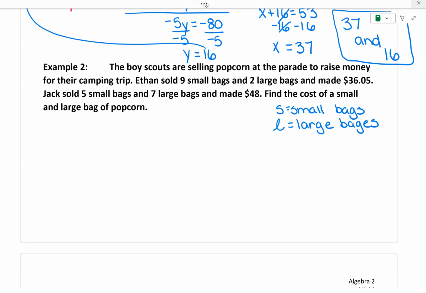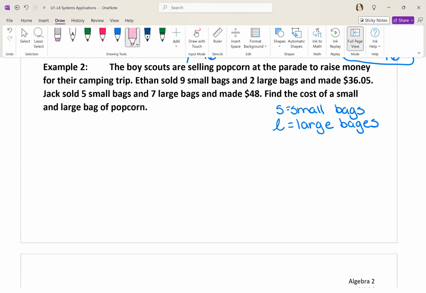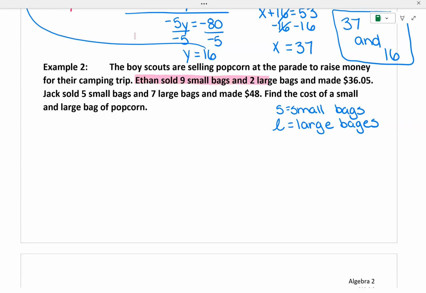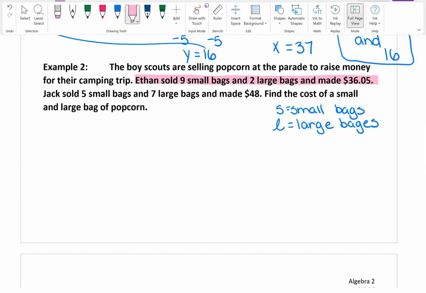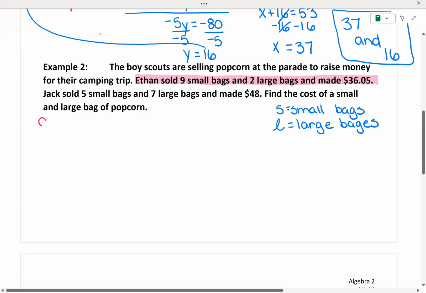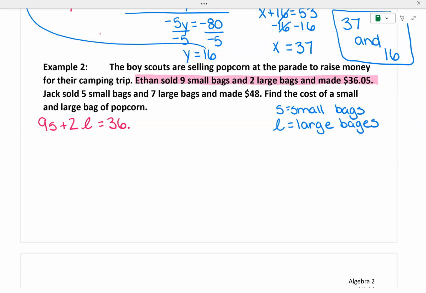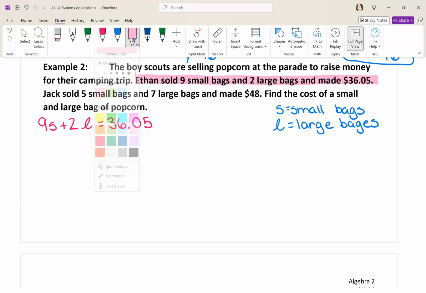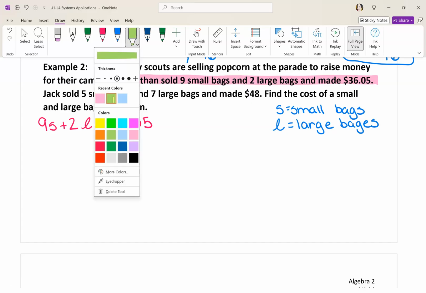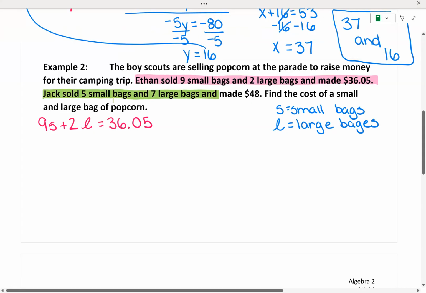So this part, okay, we're going to have 9 small bags plus 2 large bags equal $36.05. Jack sold 5 small bags, 7 large, and made $48.